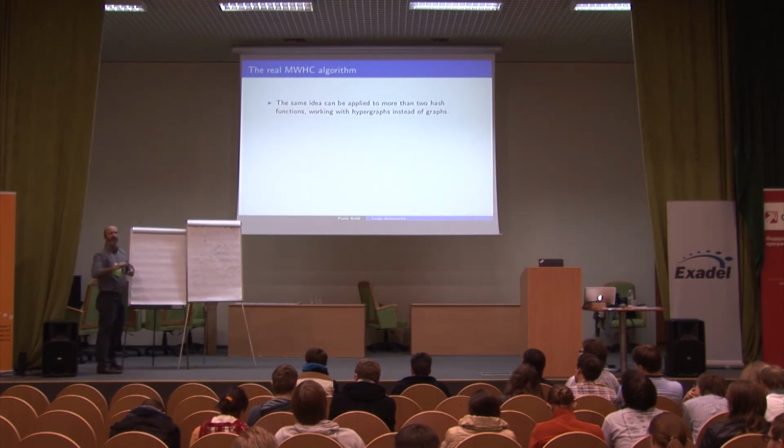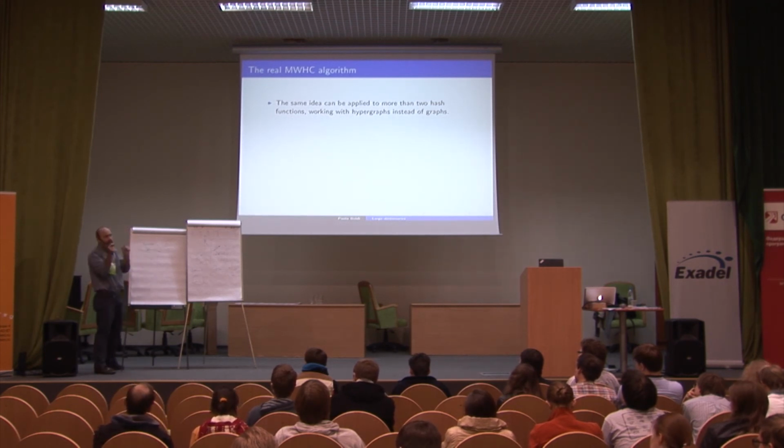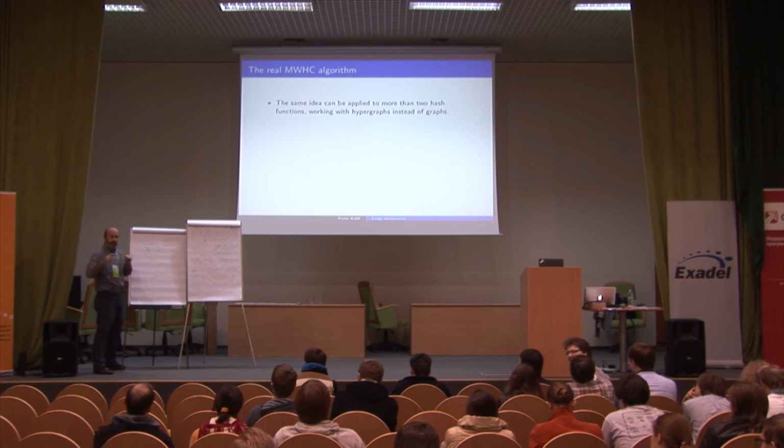Let me say what a 3-hypergraph is. They are hard to draw, but it's something where you cannot draw the edges as lines, you draw them as triangles, because every edge touches 3 nodes.